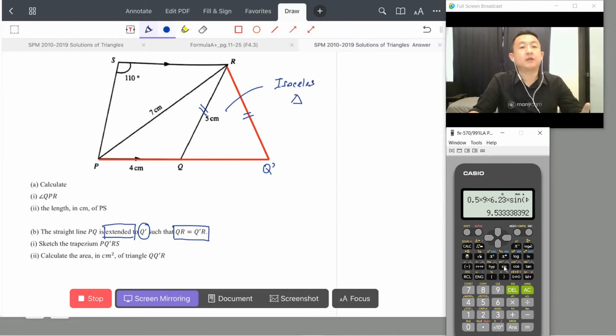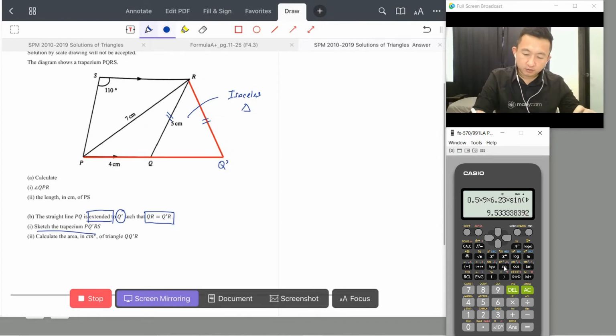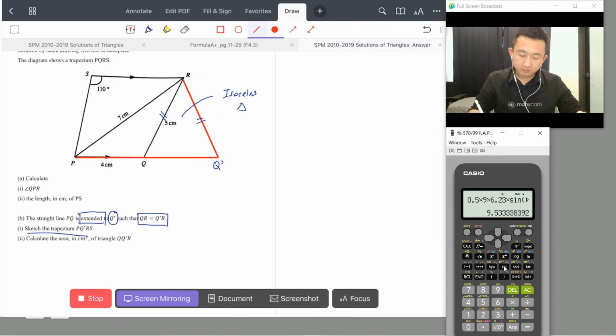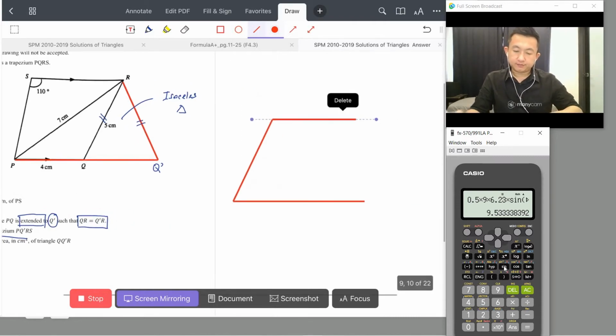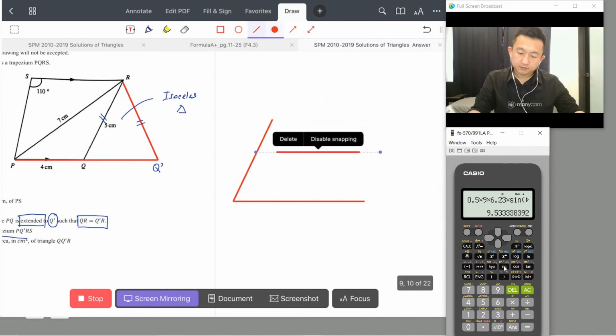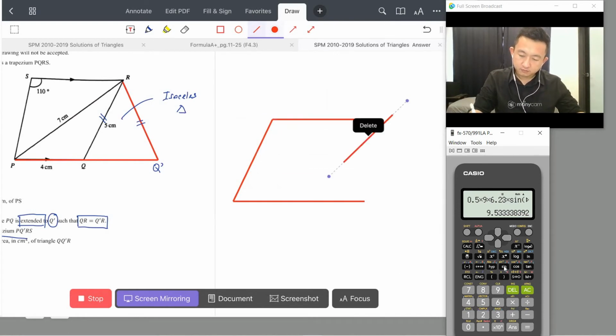Okay, so this is how you draw. Sketch the trapezium PQRS. Now you're going to sketch everything. So you have to build a straight line PQ prime. So PQ prime, PS, SR, and RQ prime. Okay, doesn't look like it, huh? Okay, let's do it again.